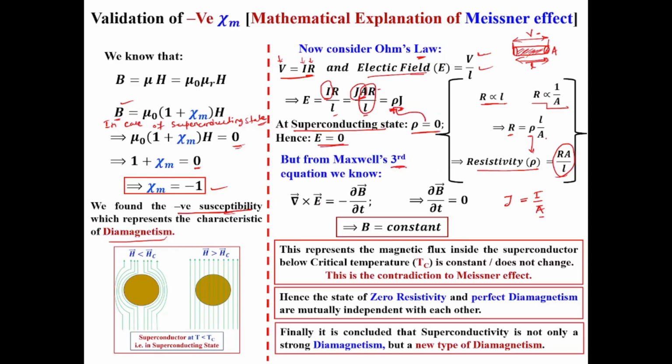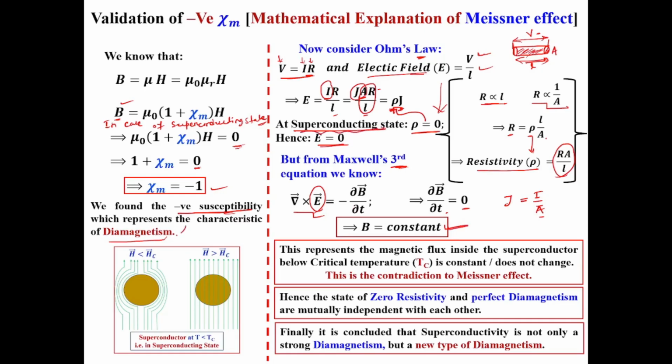Now consider the third Maxwell's equation, that is del cross E equals minus del B by del t. So if E is 0, then del B by del t, the rate of change of magnetic lines, will be equal to 0. That means B equals constant. So from this derivation, considering the electrical resistivity, we found the magnetic flux is constant in the superconducting state.